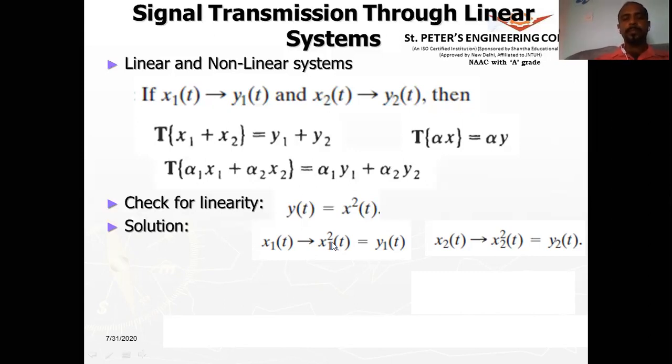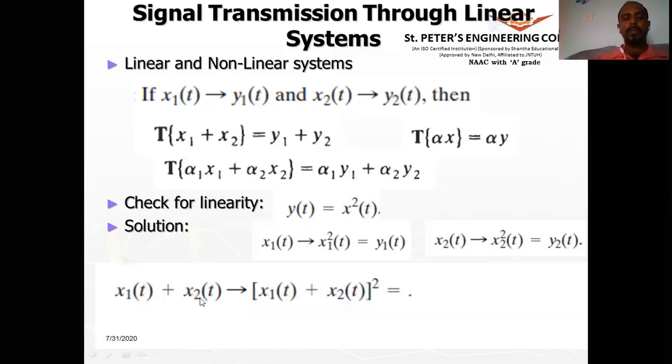Now, if I give x1 plus x2 of t, it will take both of these and square it. And you know the result of this: x1 plus x2 whole square will be equal to x1 square plus x2 square plus 2 times x1 into x2.